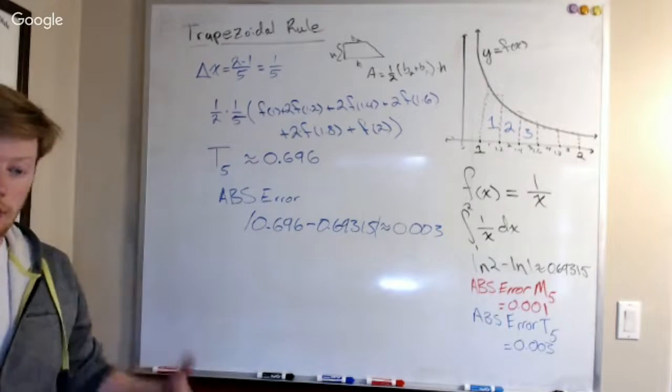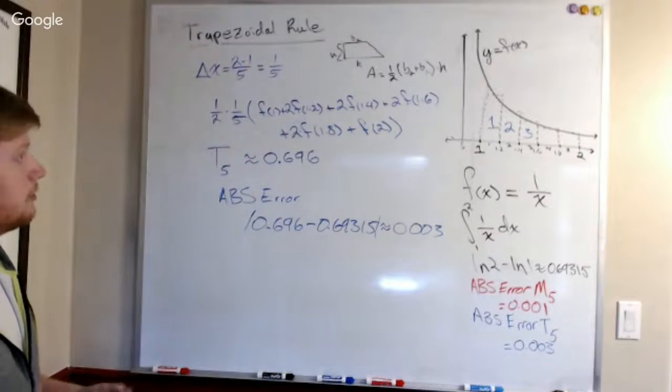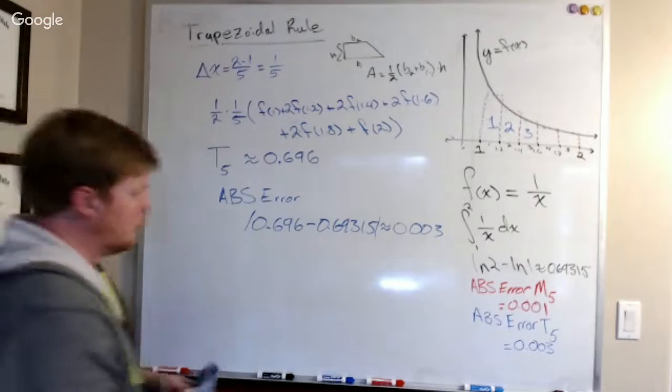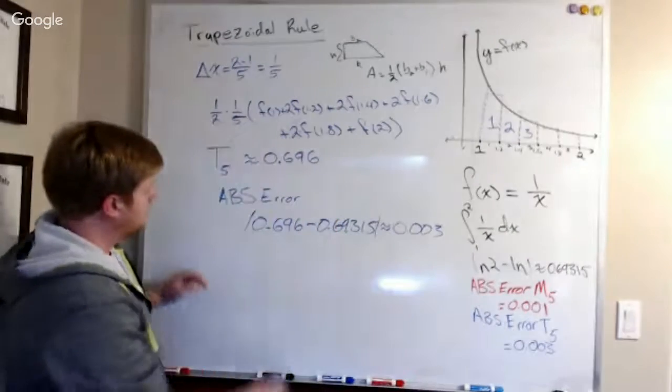it for the old stuff, the familiar stuff. Now let's look at something a little bit new. Still involving midpoint and trapezoidal rule, but looking more at this error stuff here. Okay.